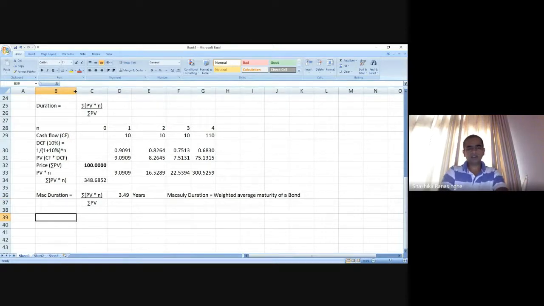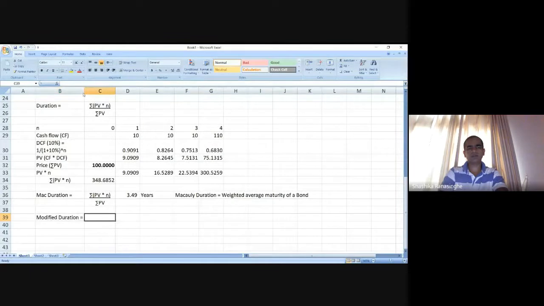Then there is another one called modified duration.